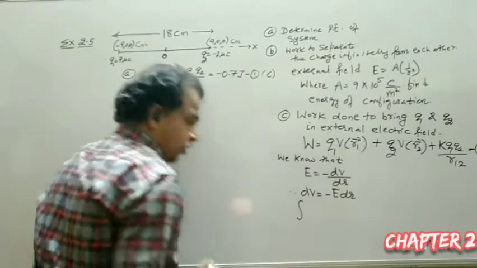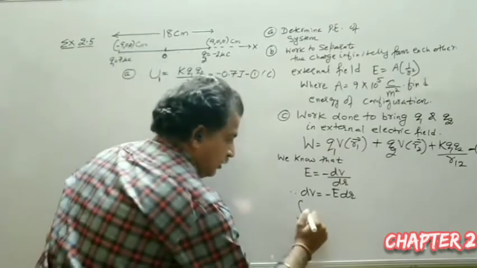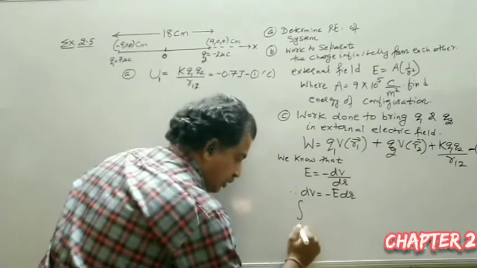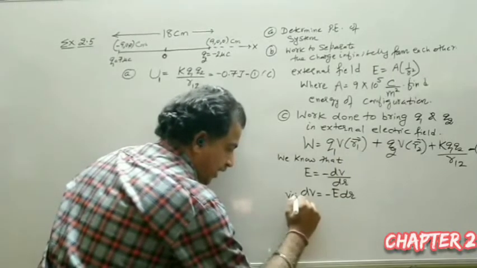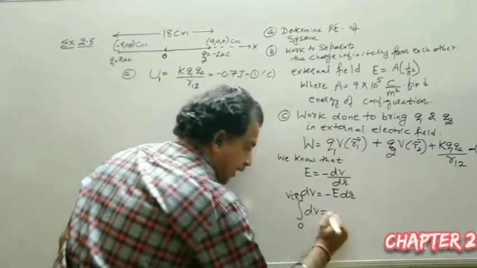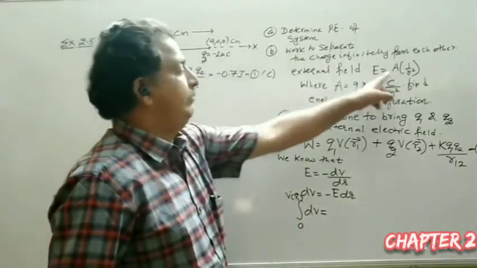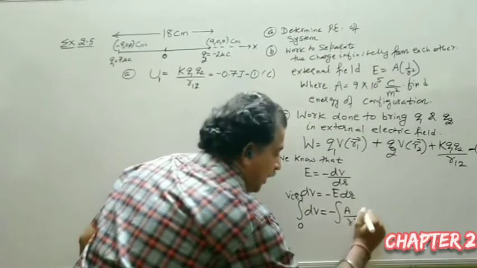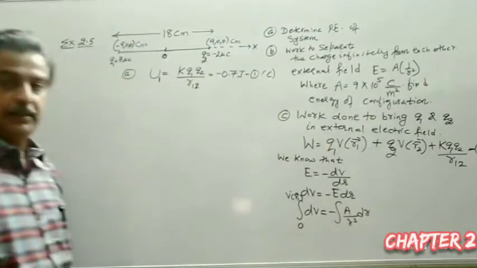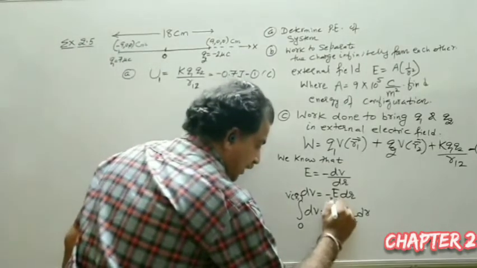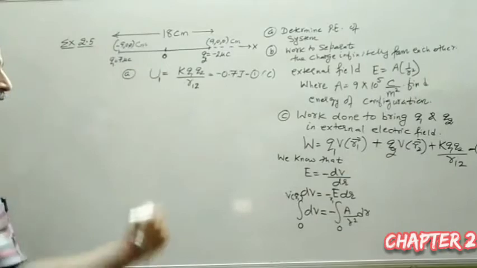So, integration, the limit becomes 0 to VR1, of dV, equal to the E value, so minus integration of A upon R square dr, and the limit becomes 0 to, say, R1.